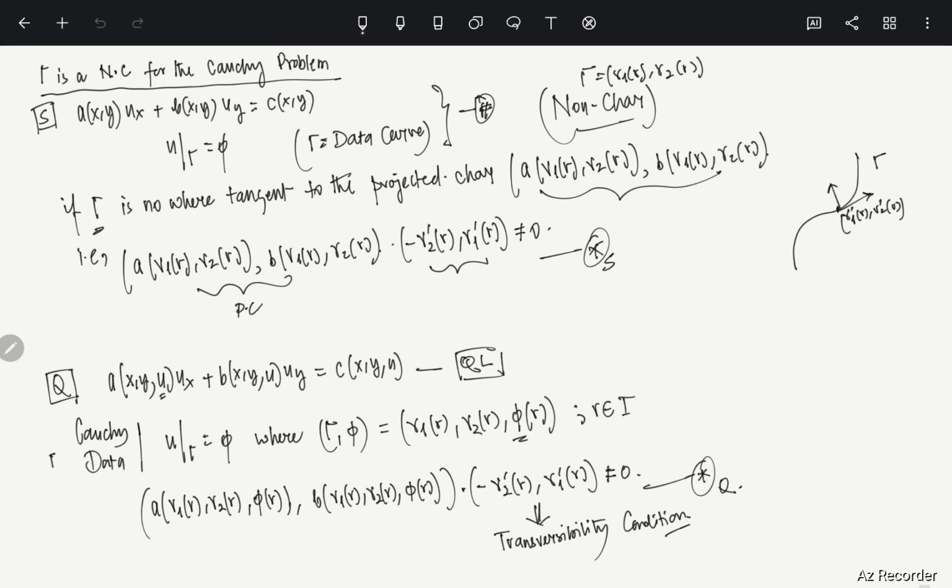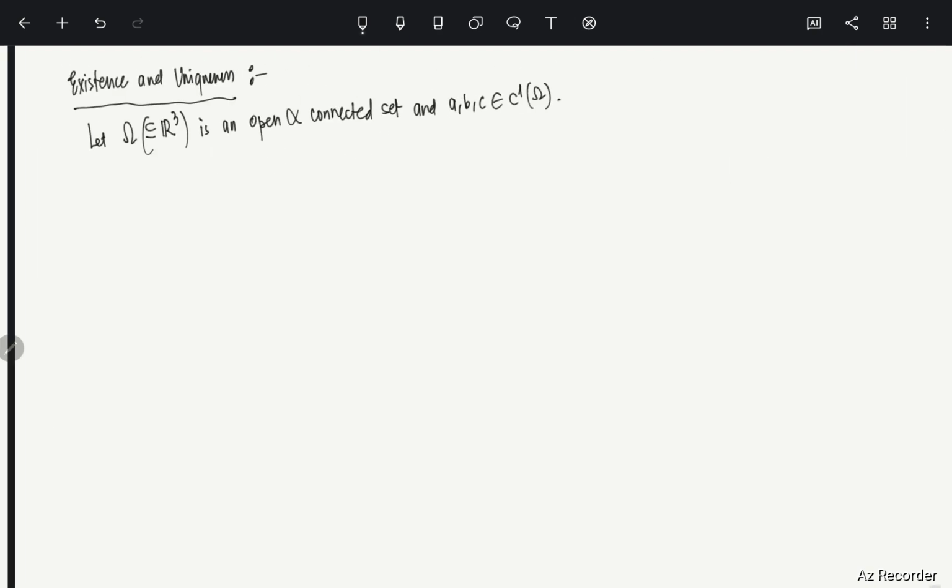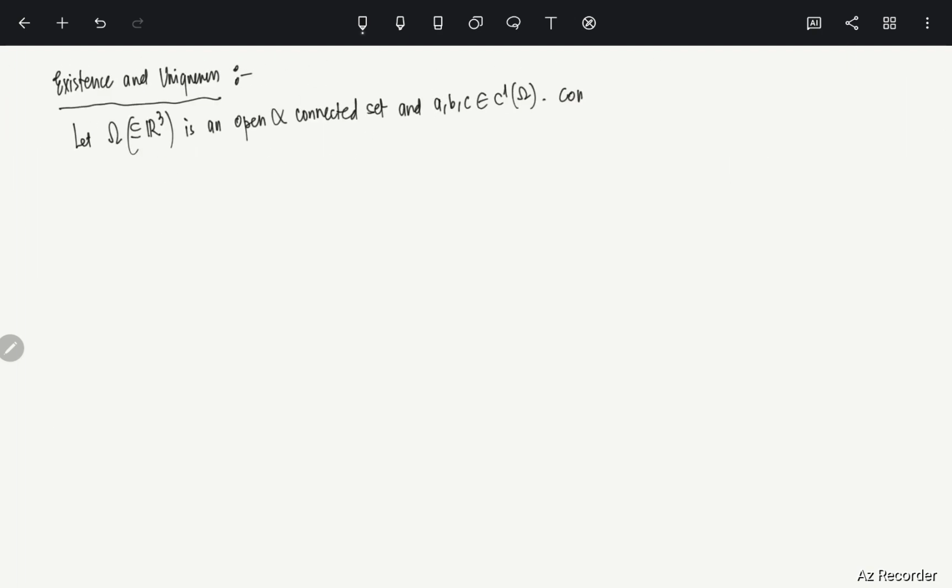Now consider this QL equation along with the initial data, the quasi-linear problem. Let me write it down again for better understanding: a of x, y, u, u of x plus b of x, y, u, u of y equals c of x, y, u.